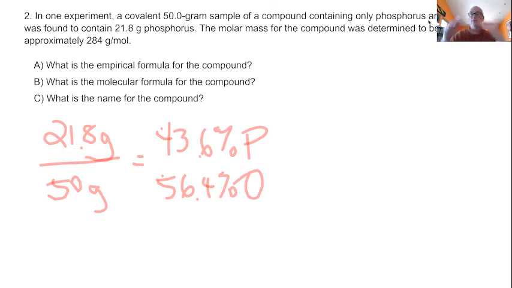Exactly. We need to find what the ratio of moles is between phosphorus and oxygen. So if we just assume we had 100 grams, then we have 43.6 grams of phosphorus, right? So what's the mass of a mole of phosphorus?